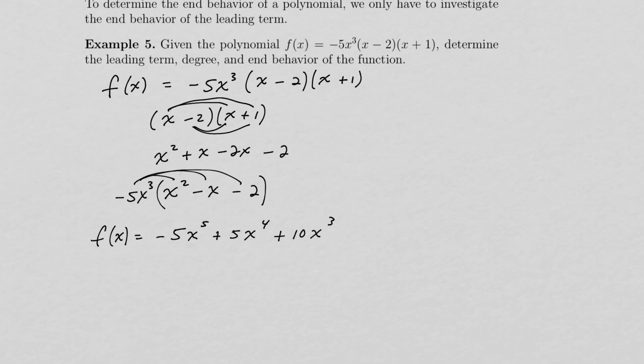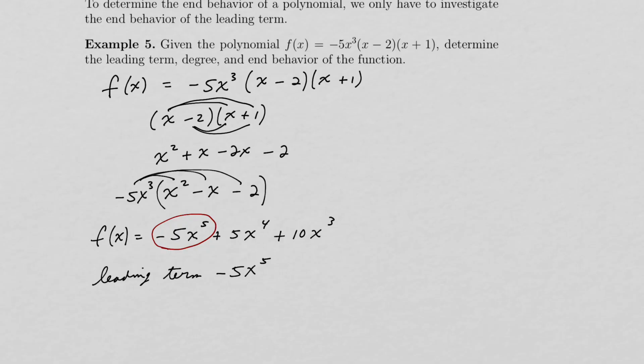What's the leading term? Well, the leading term is the term of highest degree, right? So it's that term right there. So the leading term is negative 5x to the 5th. What's the leading coefficient?